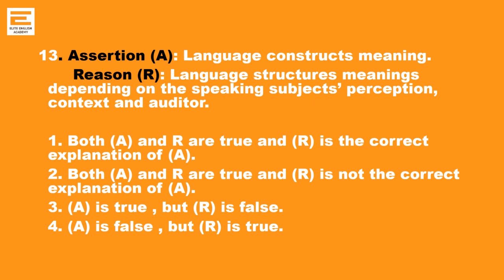So, what are the things that are involved in understanding? The person's subject, perception, context, and listener. Sometimes the speaker may be very effective, but if it is not listened to properly, the meaning will be lost. So, A is the right one, R is also the right one. Moreover, R is the right explanation of A.